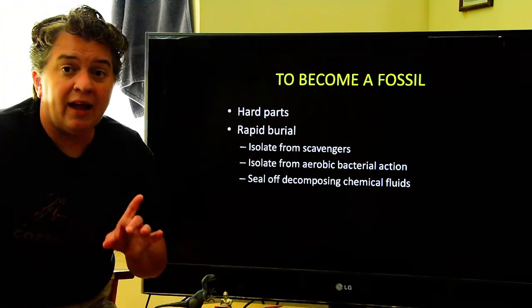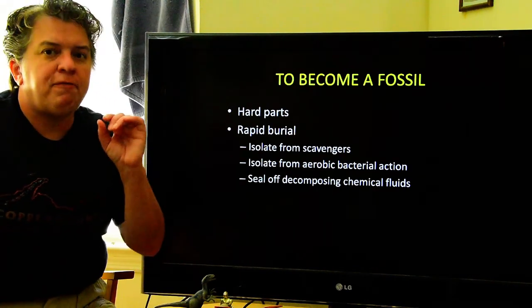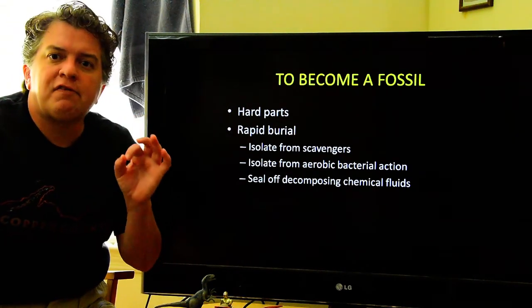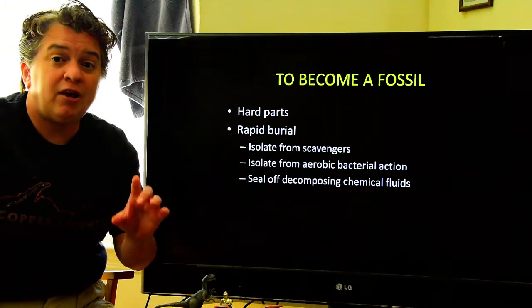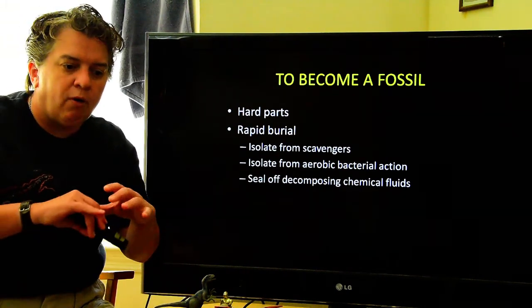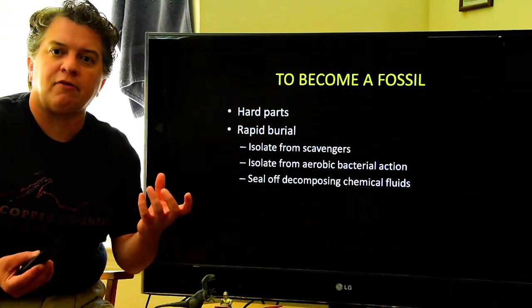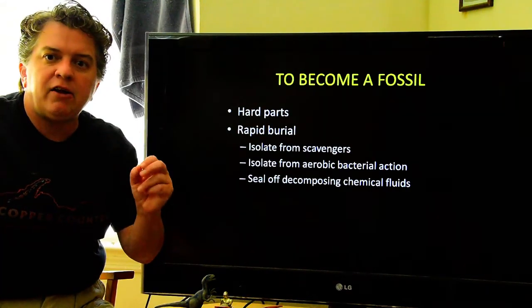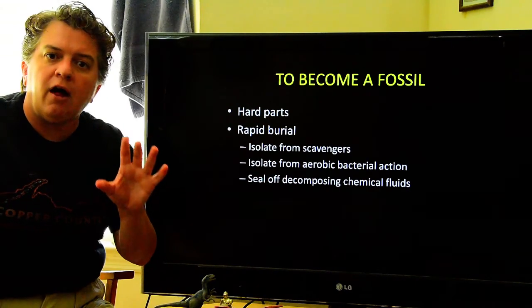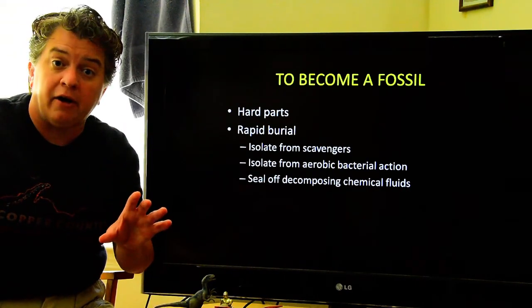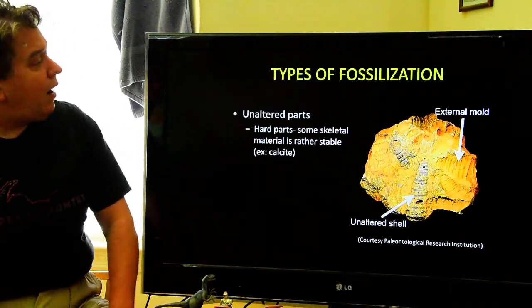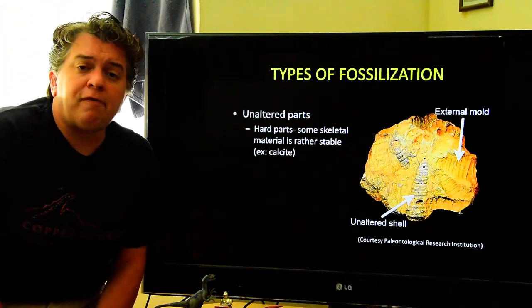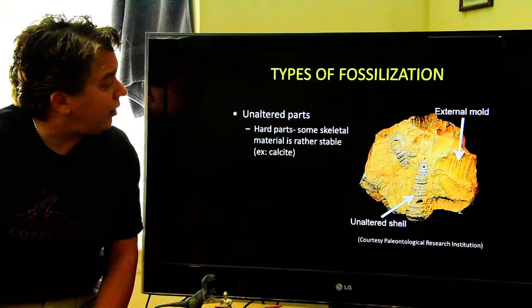And one thing I would like to add: the finer grained the sediment that is burying the fossil, typically the more exquisite the preservation. So really fine-grained sediments can preserve lots and lots of detail in the fossils that get buried. All right, so let's look at some of the types of fossilization that can occur.